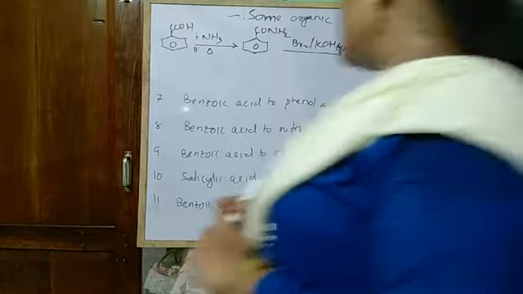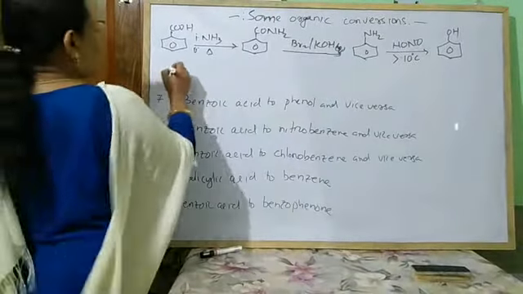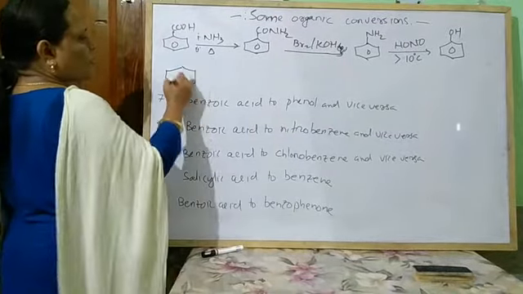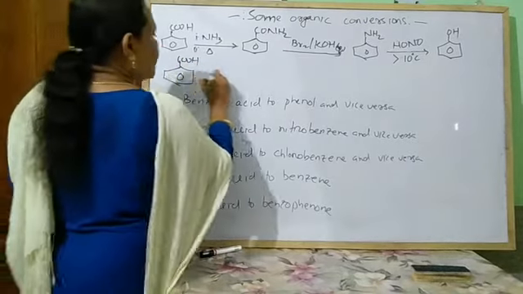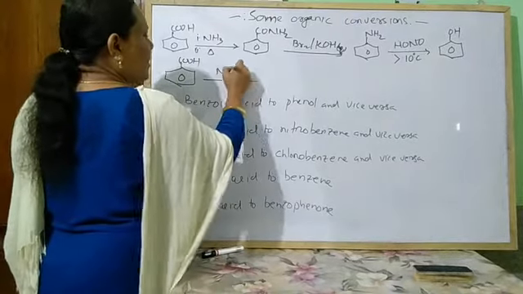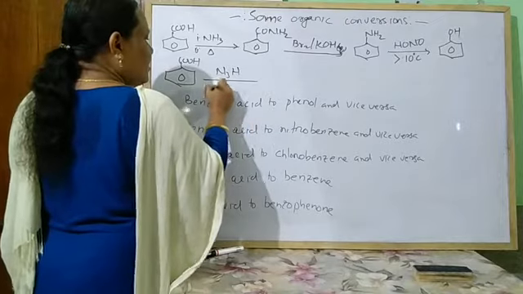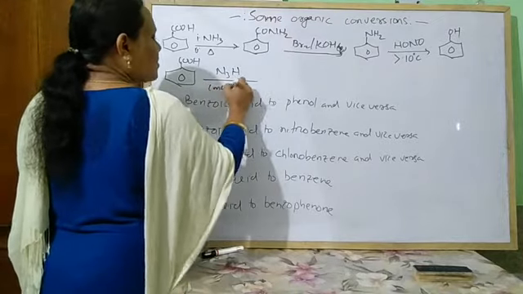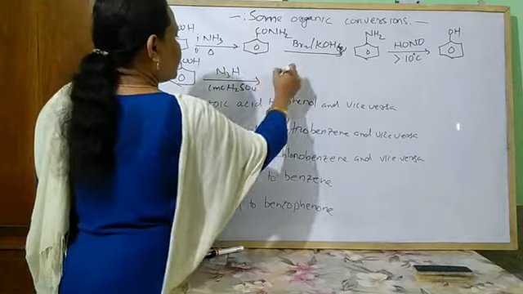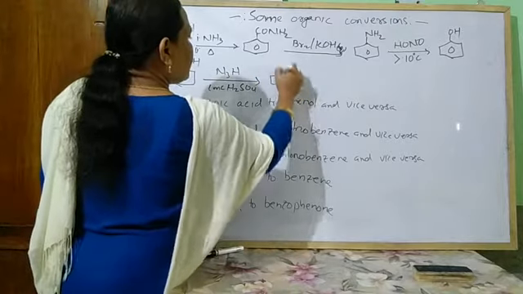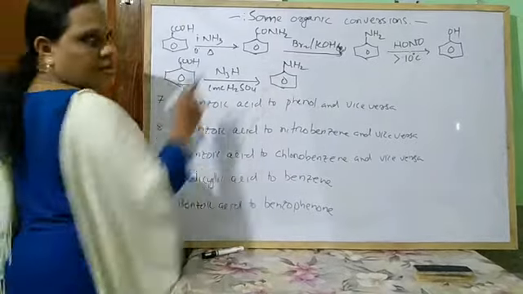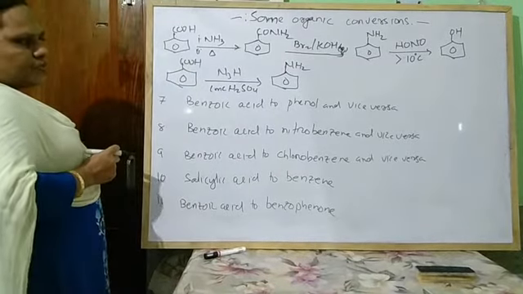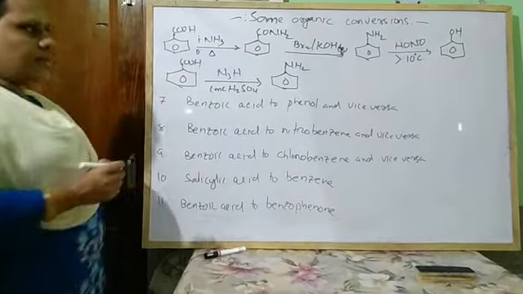Another simple method also you can convert this. Look here. This is benzoic acid. When carboxylic acid is heated with hydrazoic acid in presence of concentrated sulfuric acid, directly it is converted to aniline. COOH group is converted to NH2 group. So here one carbon atom less.